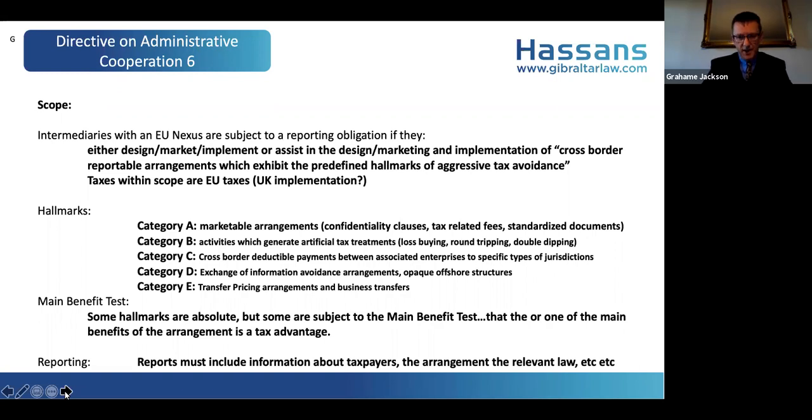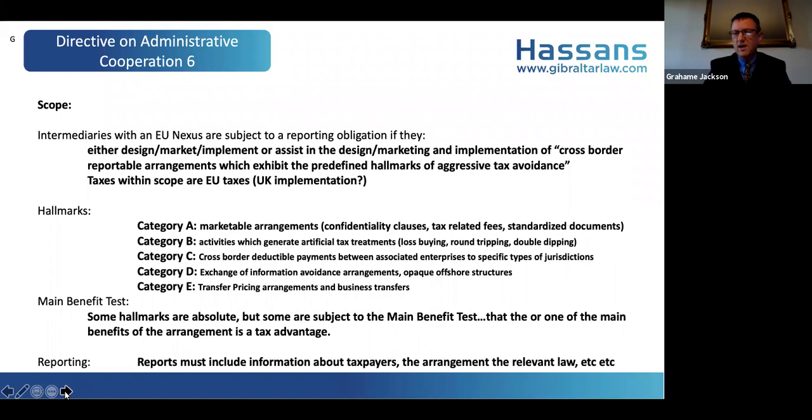So category B is more around activities which generate artificial tax treatment. So that would be old-fashioned buying a loss-making company, round-tripping funds, double dipping for double deductions or double reliefs. Those would be reportable.